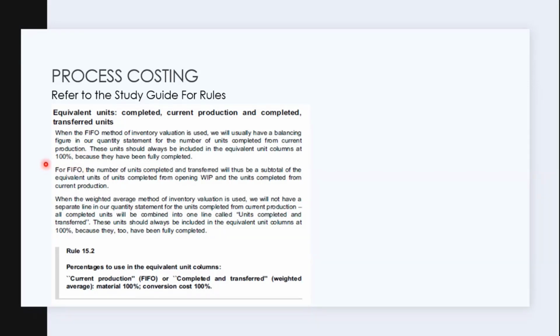These numbers are included at 100% because they are fully completed. For first in, first out, the number of units completed and transferred will thus be the subtotal of equivalent units from opening WIP and those that were completed in the current production. These units should always be included at 100% because they are fully completed. It's 100% material, 100% conversion.